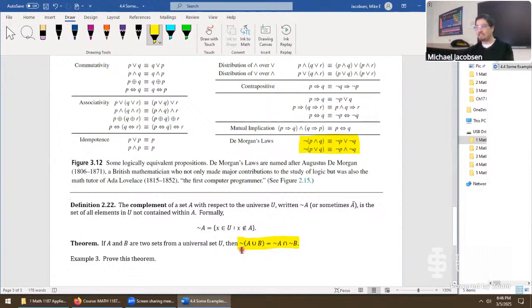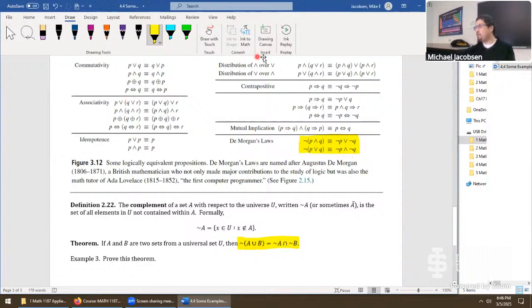Take a look at this statement. The tilde is just for the complement, matching up with the negation there. Union is matching up with or, and it becomes the complement of A intersect the complement of B. Analogously, not P and, so union flips and or also flips, not Q.